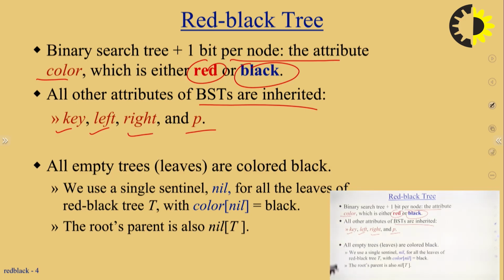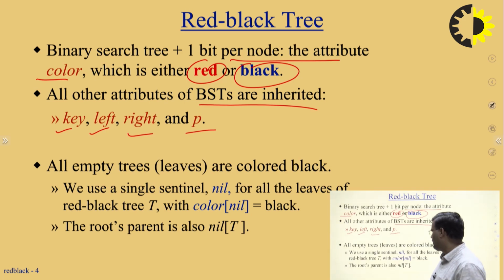All the empty tree leaves, you know very well, if a node is the last node, then it has some leaf. These leaves have the value nil, and the color will be black.